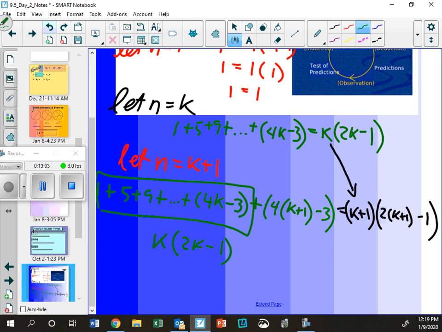And if you don't see where he got that, it's right here. And I'll just circle it in red. It's right here. That's what says that that left side is equal to k times 2k minus 1. So I just replaced that with that. This part, keeping the same.